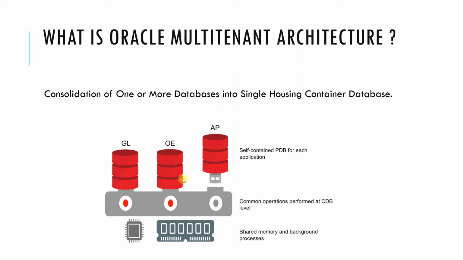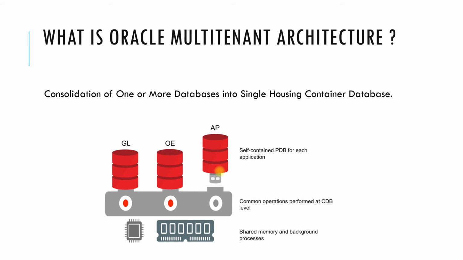These red colored ones are the pluggable databases. This gray box will not contain application data. The application data will be in the red colored cylinders, that is, the pluggable databases. These databases will only contain application data.